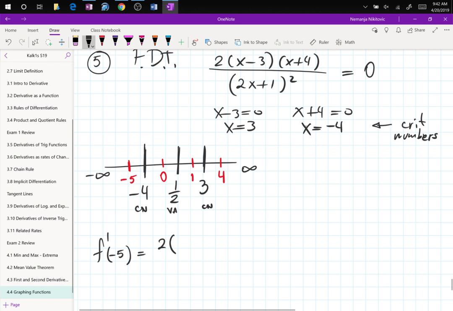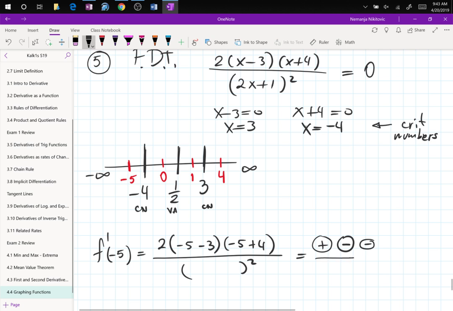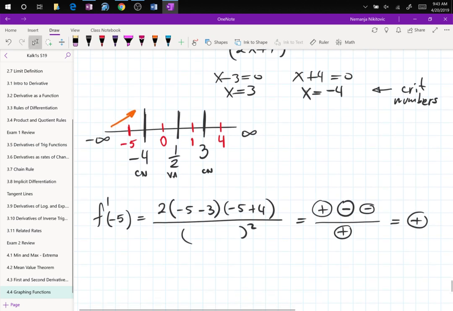So I have 2 times, and then it is negative 5 minus 3, negative 5 plus 4, divided by something squared, we don't care, right? We have a positive for 2, we have a negative for the next one, and a negative for the next one, divided by always positive, and all together it's a positive. So we have the increase for negative 5.